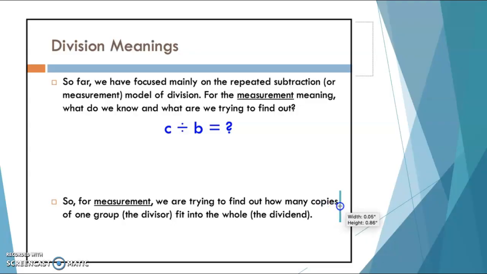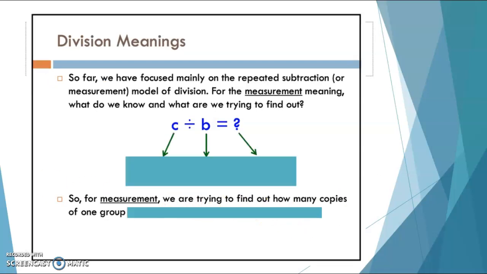Here we're looking at the measurement. We're trying to figure out how many copies of one group, the divisor, fits into the whole group, the dividend. So C divided by B equals. Do you know which one is the divisor and which one is the dividend? Again, that website might be helpful to tether back and forth to.